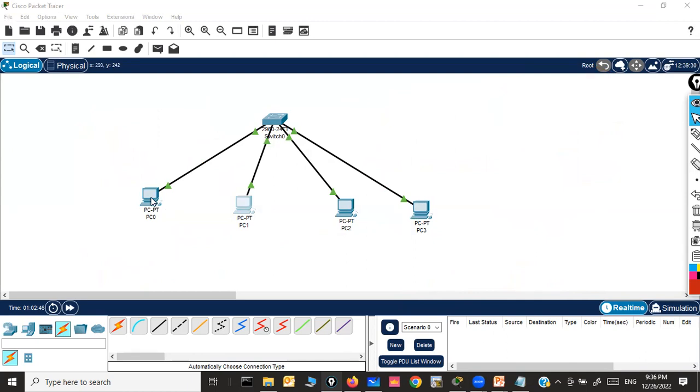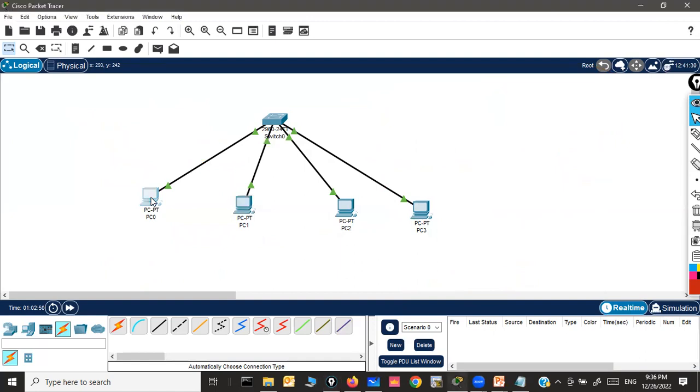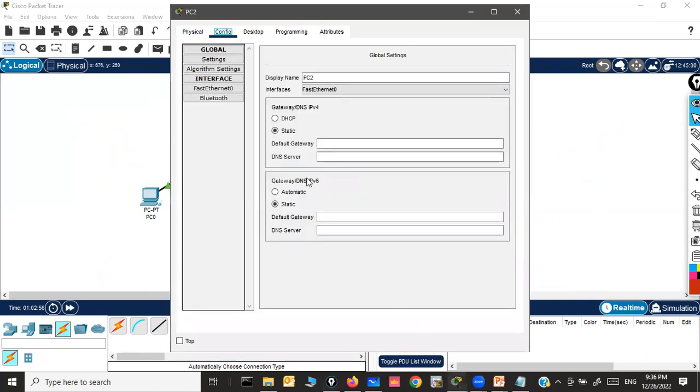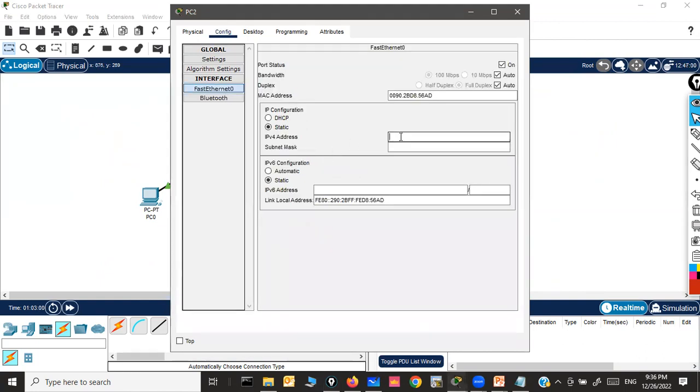And if I don't follow that rule, you understand what will happen. Let's say on the third computer, if I assign a static IP, I assign 192.168.2.5.